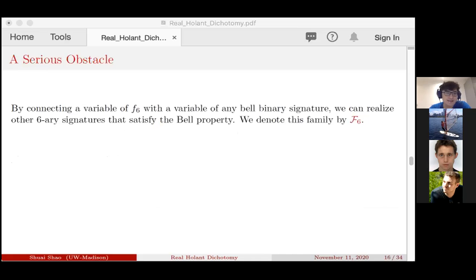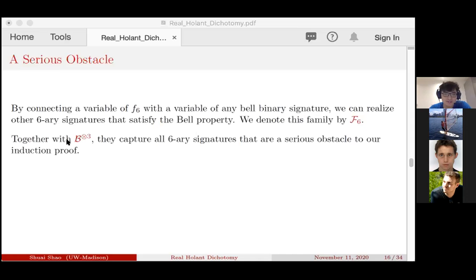And by modifying the signature f sub 6, we can actually generalize it to a family, script F sub 6. So we can also realize other arity 6 signatures that satisfy the Bell property. All signatures in this family script F sub 6 satisfy the Bell property.